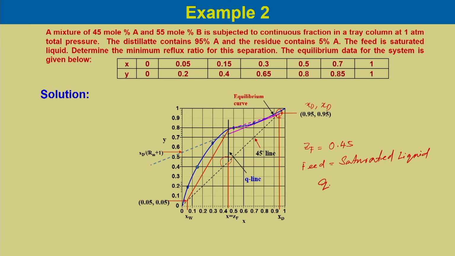So, in this case Q is equal to 1. So, it is a vertical line, it will go vertically.